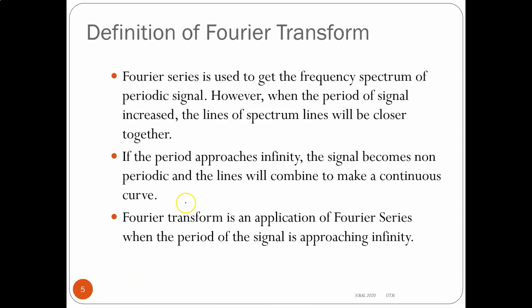And if the period approaches infinity, the signal will become non-periodic and the lines will combine to make a continuous curve, just like the last figure we saw just now. So Fourier transform is basically an application of Fourier series when the period of the signal is approaching infinity.